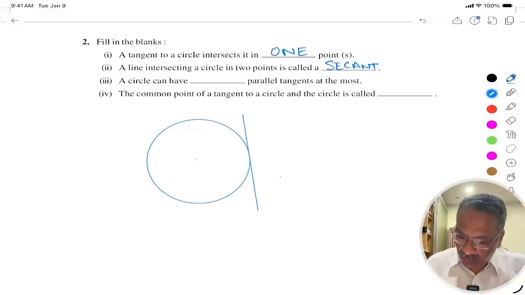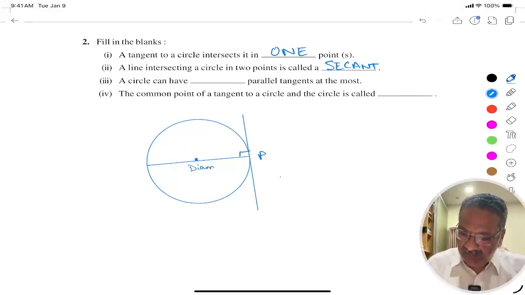Now we also know from theorem 1 that this tangent is perpendicular to the radius of the circle at the point of contact. See, this is the point of contact. If you take this radius and extend it, it becomes the diameter.